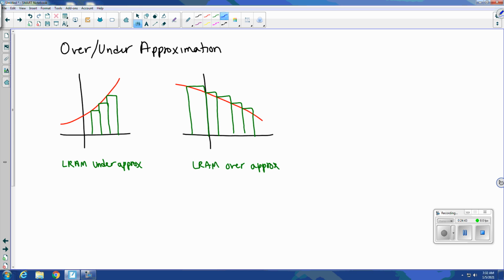Now when it comes to RRAM, it's the exact opposite. So RRAM, we'll see that the top right is supposed to intersect. So when it's increasing, RRAM shows an over approximation.